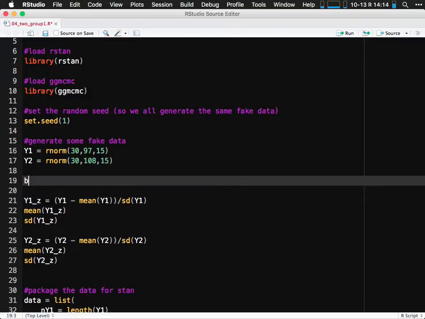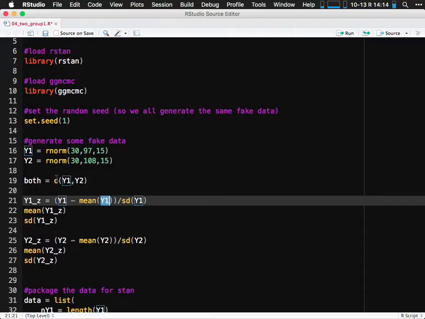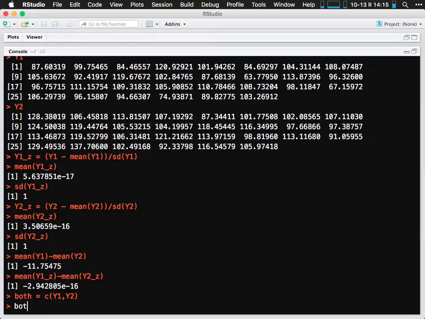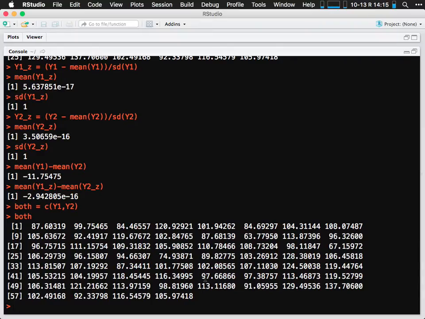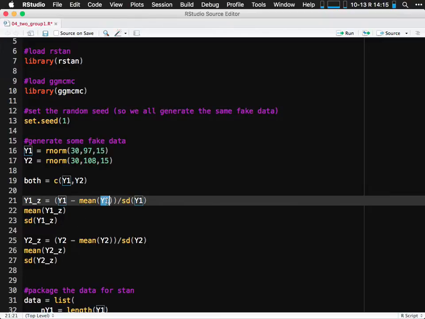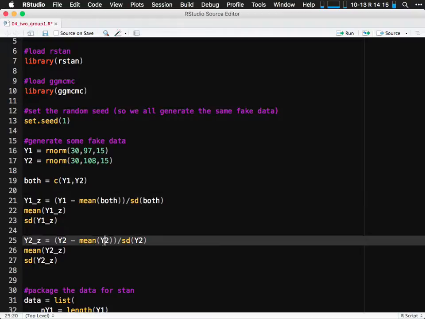A quick way to do that is to create a thing called both that contains both y1 and y2, combined together in a single list. So if I type out both, there's all 60 numbers. And now instead of the mean of y1, I'm saying the mean of both, the standard deviation of both.